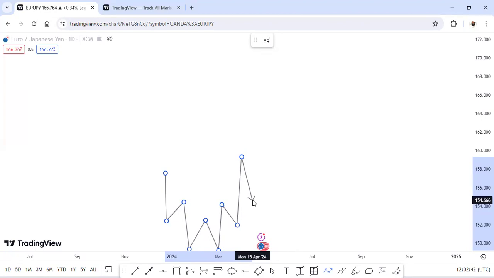But to me, I have noticed that once the market comes to this zone here, sometimes the market tends to break lower, to come and take the stops of the early buyers. And when the market takes the stops of the early buyers, that is when the market will rally up again.